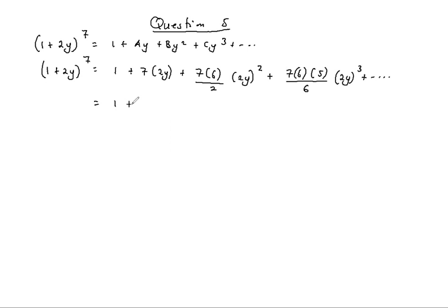This is 1 + 14y + 21/4 y² + 6 and 6 cancel, so we have 35/8 y³.